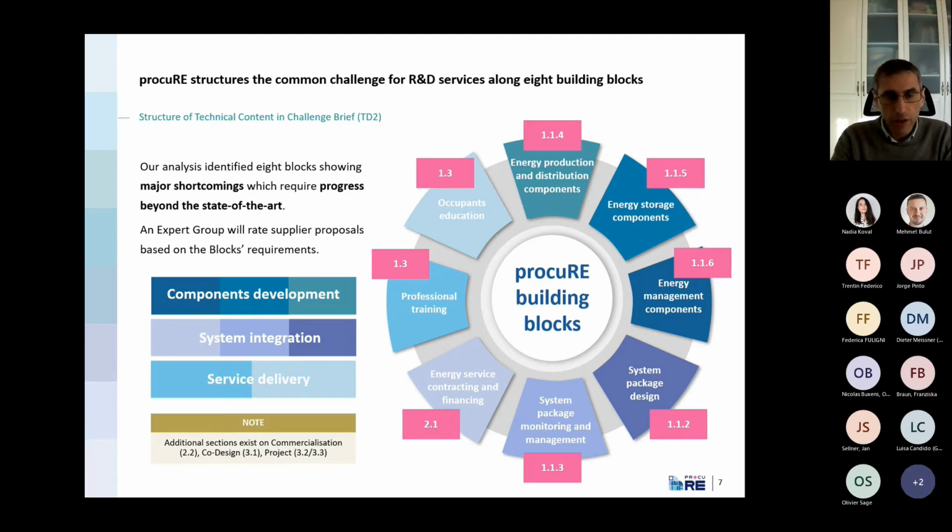Finally, again, not only energy and money, there are people living and operating in these buildings.